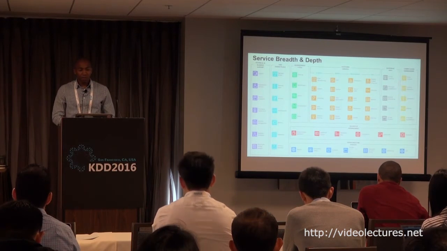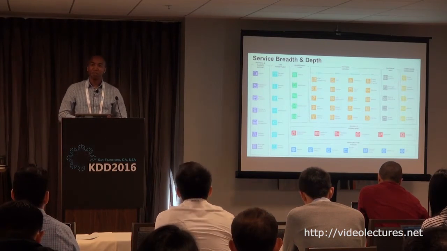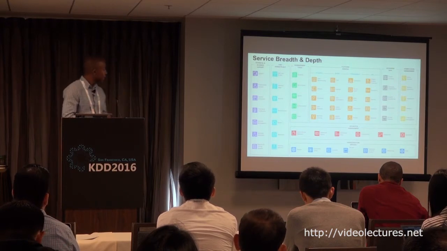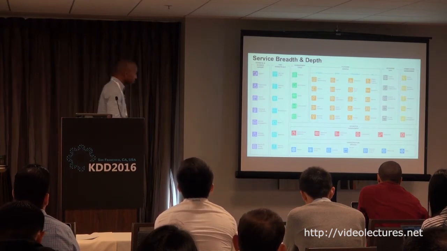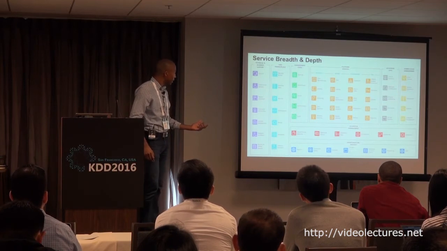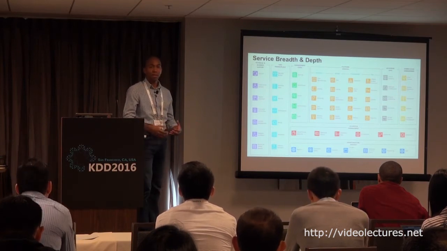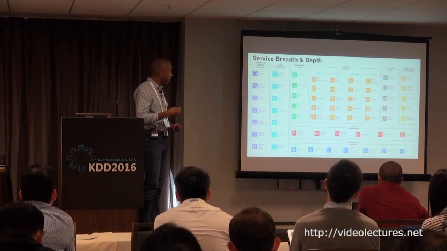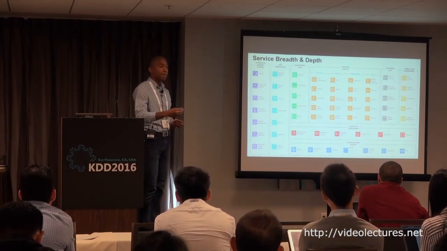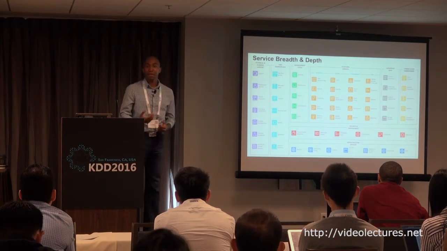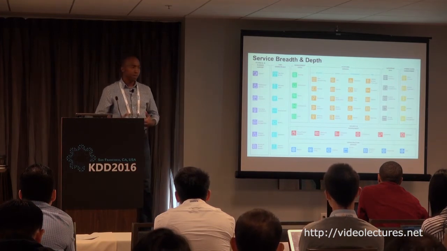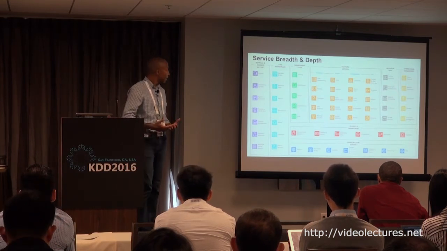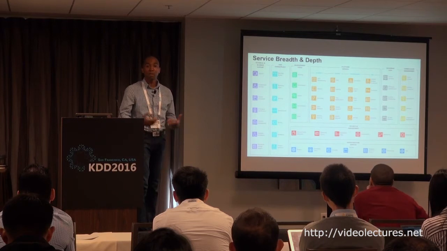Now, I spoke a little bit about the service breadth and depth of AWS, right? But let's really look at what AWS is. At the core, we have the physical infrastructure. That's our regions and availability zones. But we have the services that everything else is built on top of, right? Let's look at EC2. EC2 is our compute resource, right? And EC2, you can find behind multiple services.